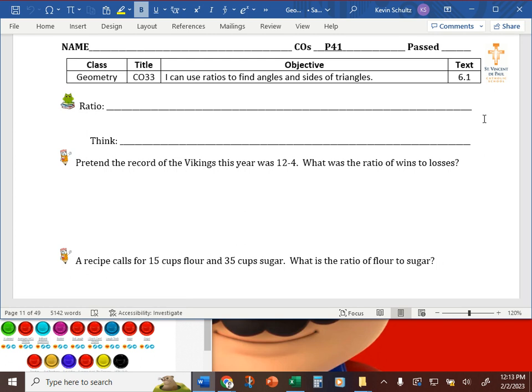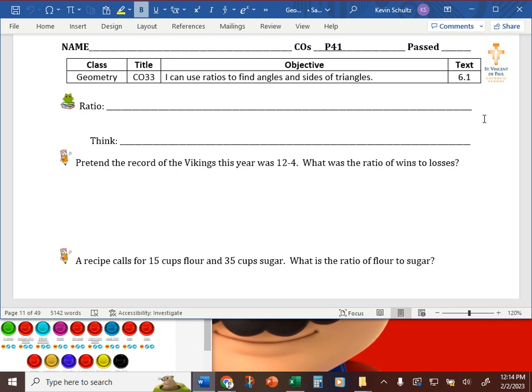The 2 and the 1, we define a fraction as being a part compared to a whole. Like 30 out of 33 would be the part of the test you got correct over the total number of points on the test. So a fraction compares a part to a whole. What does a ratio compare? Not whole to part.